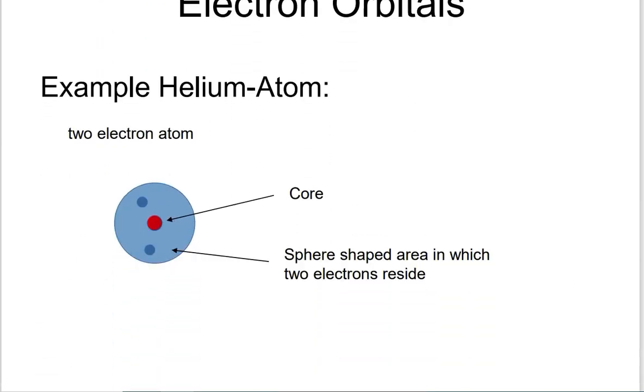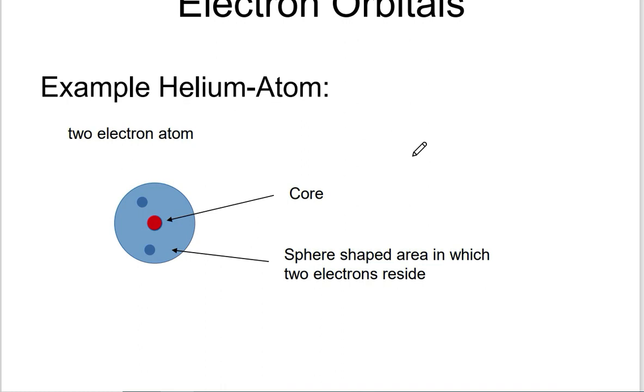Now, if we go further, for example, helium has two electrons. And by the way, the electronic configuration is what distinguishes an element in the periodic table from another. So we cannot find any other element in the world other than helium that contains two electrons. So this is like the footprint of a specific element.